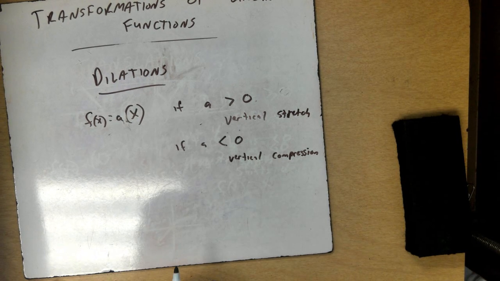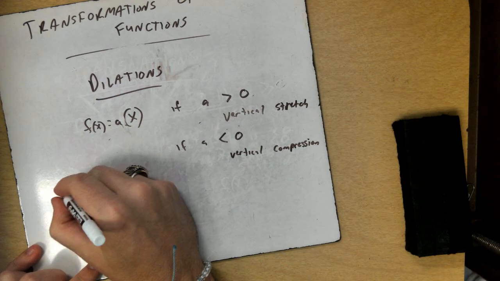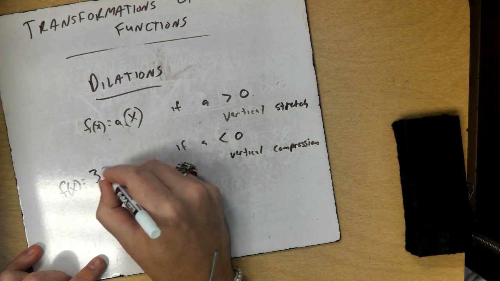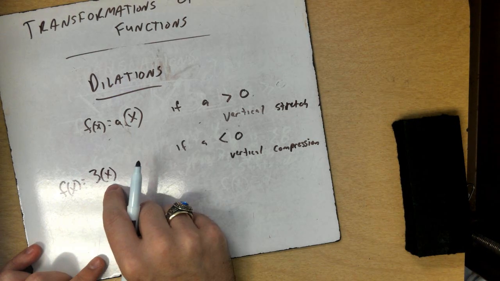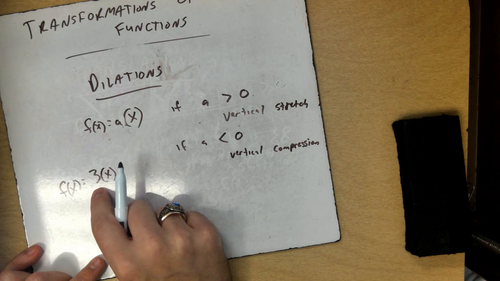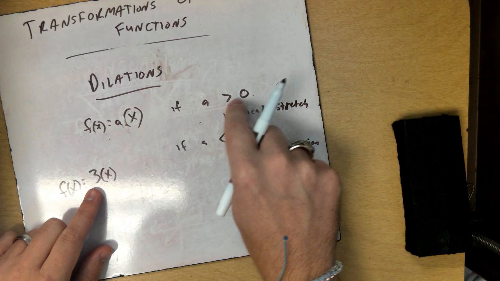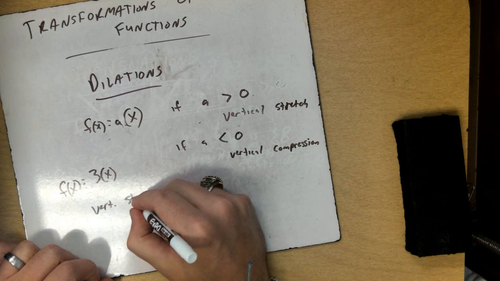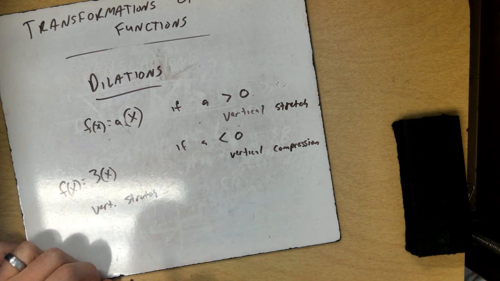So, an example here, if we have this, f of x equals 3x, and my x is in parentheses, not the 3, just the x, okay? My a is greater than 0, so this is going to be a vertical stretch, okay?